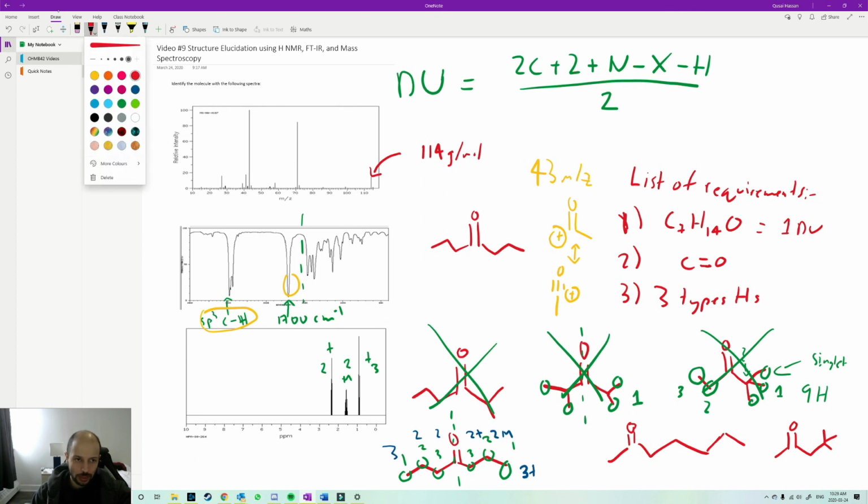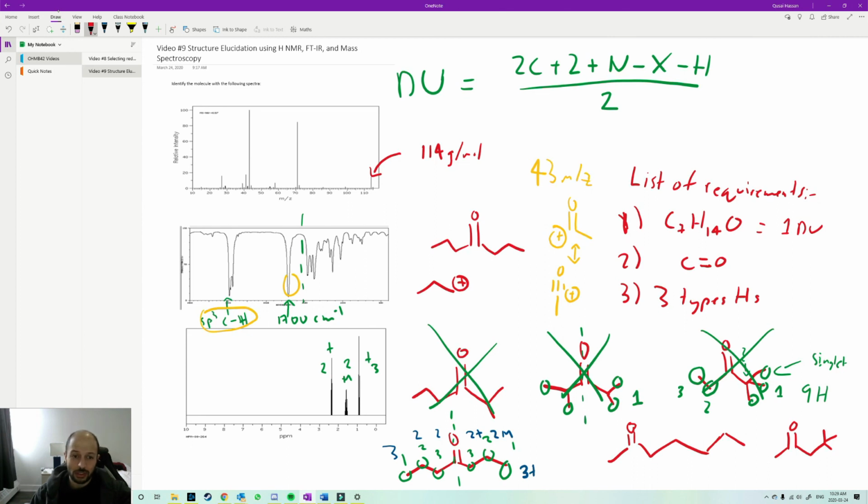Well, let me tell you what that 43 is. That 43 is actually just this, because that is a CH3, which is 15, plus a CH2, which is 14, that means 29, plus another CH2, 14, is equal to 43.